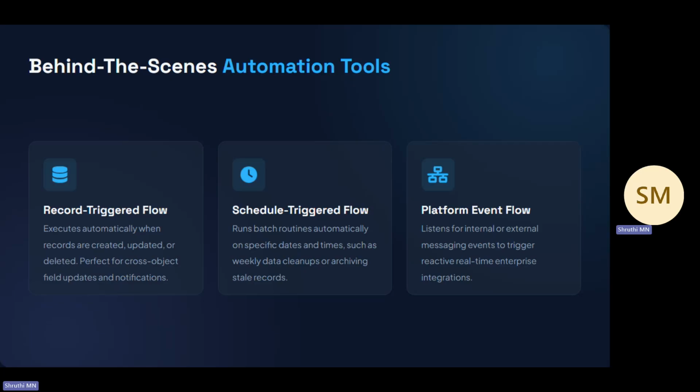So visually: system, then platform event, then flow, then automation. The key word to remember is event. If the interviewer says the automation should execute when Salesforce receives a platform event, your brain should immediately think platform event triggered flow. This is especially useful when systems need to communicate asynchronously through events.